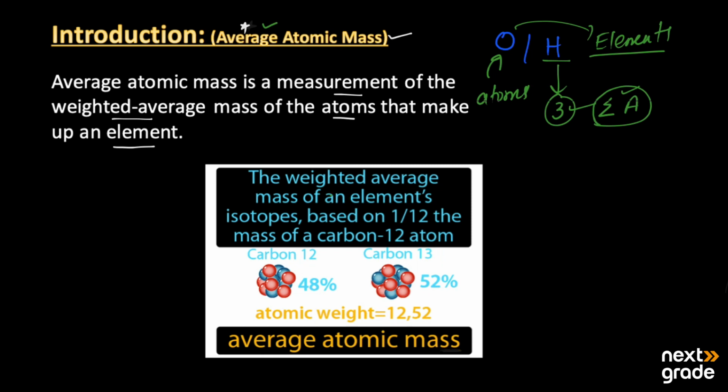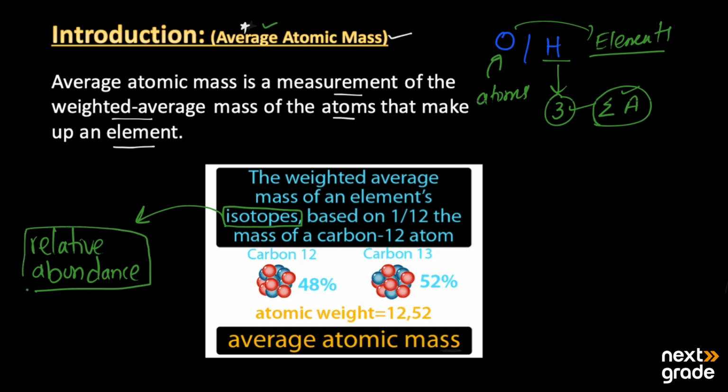Basically, the weighted average mass of an element is taken from the isotopes. How can we take it from the isotopes? For this purpose, we need the relative abundance of the isotopes. It is basically based on 1/12 of the mass of carbon-12.